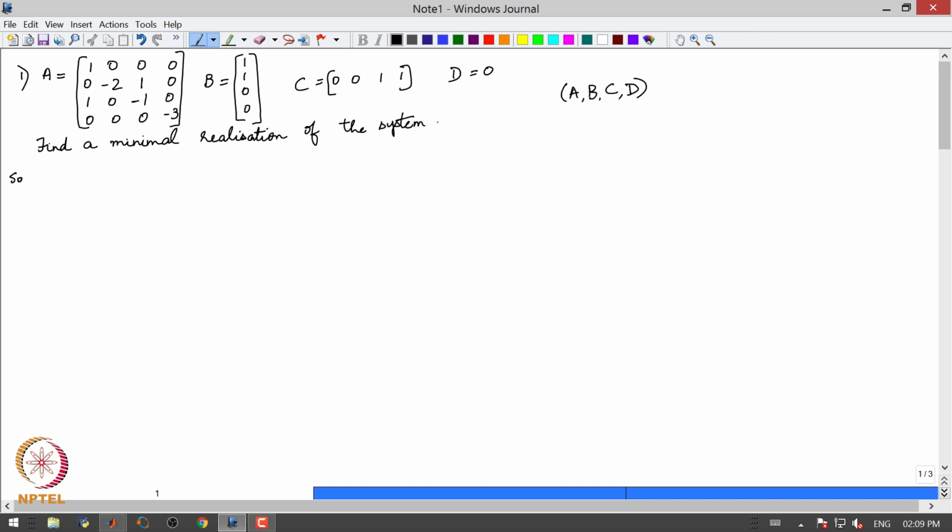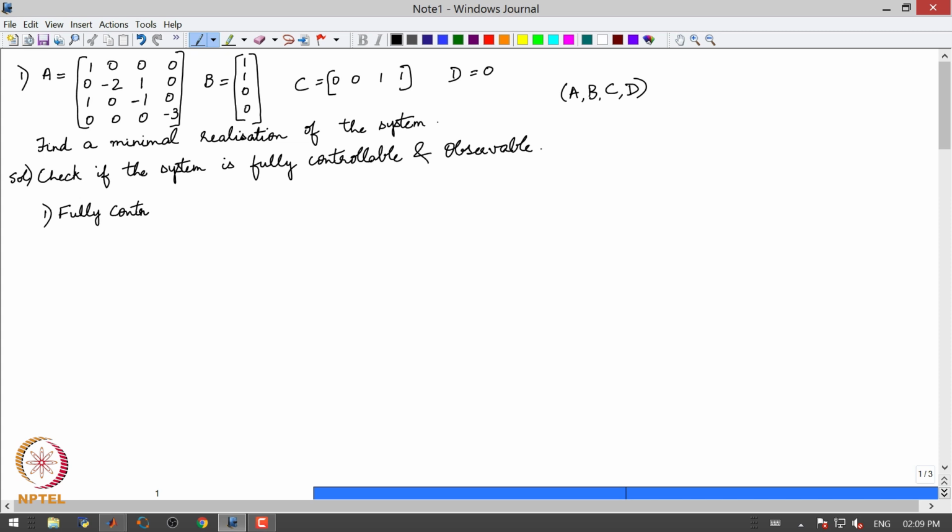First, we need to check if the system is fully controllable and observable. So, once we check this, we arrive at 4 cases. The case 1 being the system being fully controllable and observable.